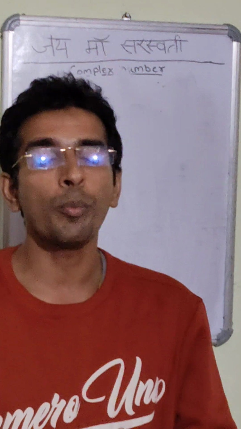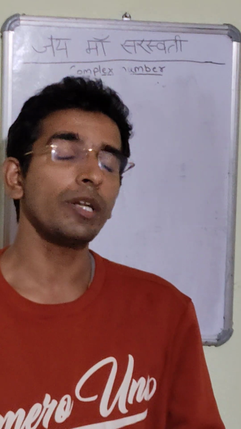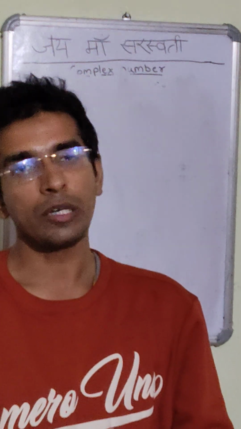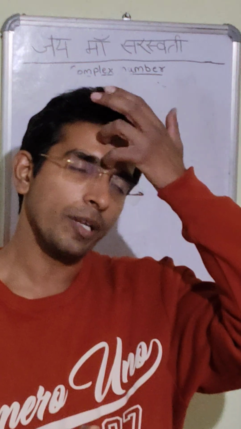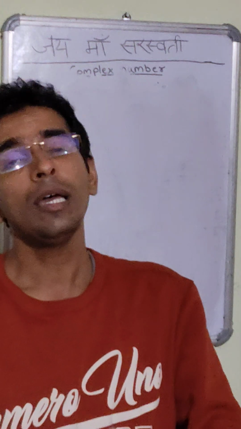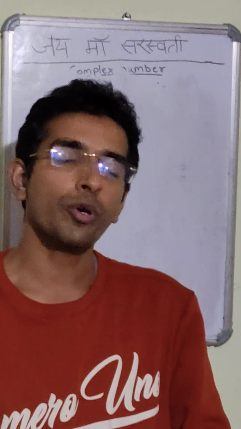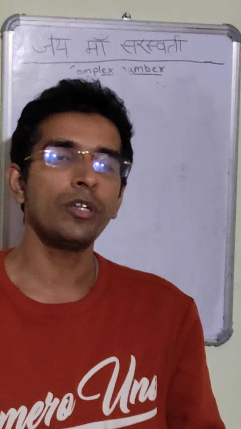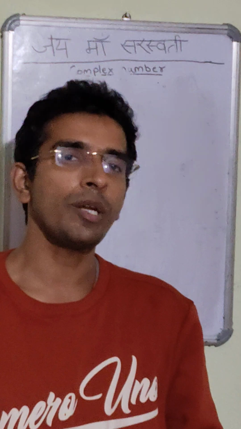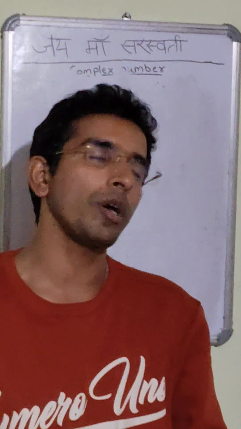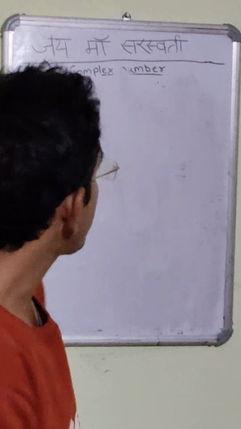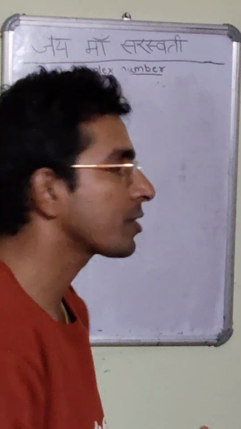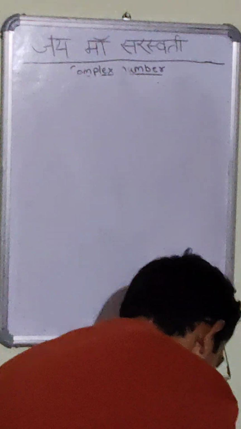The first property was commutative in nature: Z1 into Z2 is equal to Z2 into Z1, where Z1 and Z2 denote complex numbers A1 plus iB1 and A2 plus iB2. Secondly, the product of complex numbers is associative in nature: Z1 into Z2 into Z3 is equal to Z3 into Z2 into Z1. The third property is the existence of the identity element for multiplication associated with complex numbers.